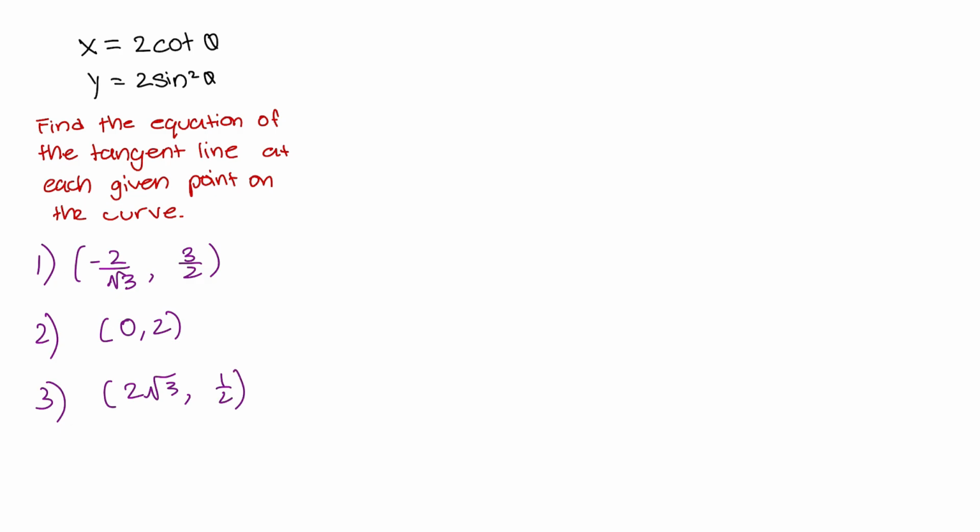So, what's going to be helpful first, before you even begin evaluating at each various point, is to find the derivative. And so that's going to be dy over dx. The way to do this is the same thing as saying the derivative of the y function over the derivative of the x function. And if we simplify that, you're going to have 2 sine squared theta.